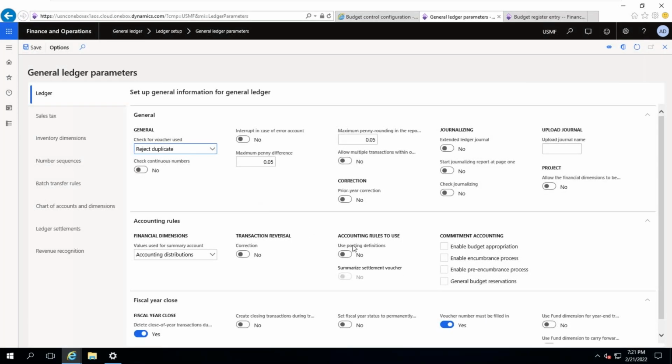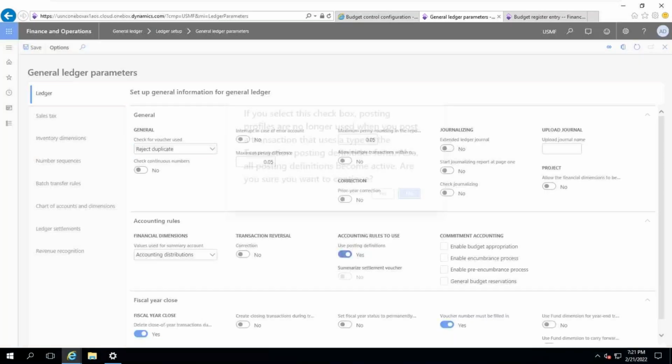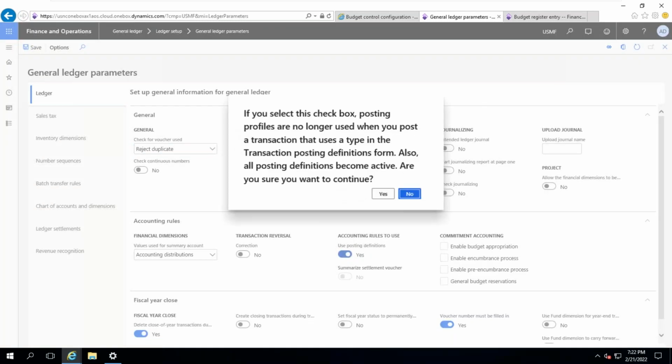Use posting definitions. If you enable this checkbox, a pop-up message comes. Can anyone read, please? If you select this checkbox, posting profiles are no longer used when you post a transaction that uses a type in the transaction posting definition form. Also, all posting definitions become active. Are you sure you want to continue? So from this, what is the highlight?